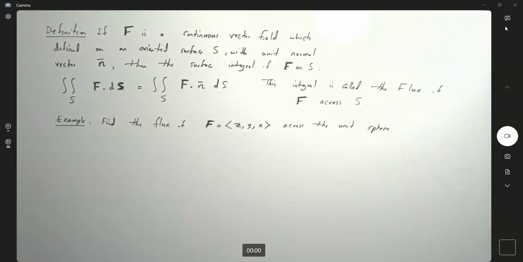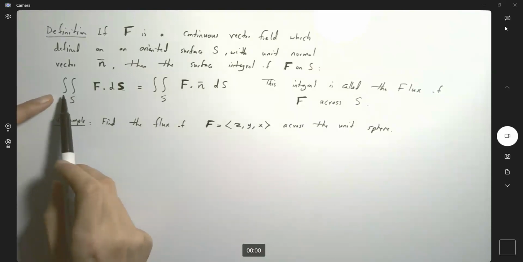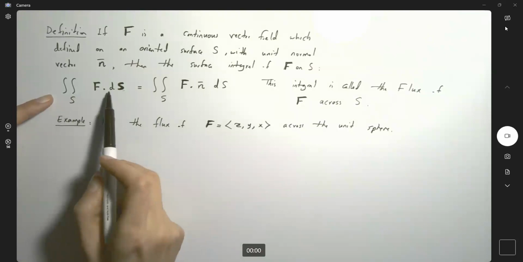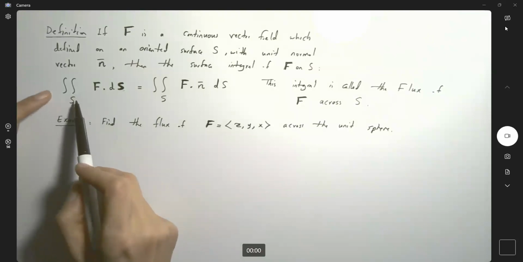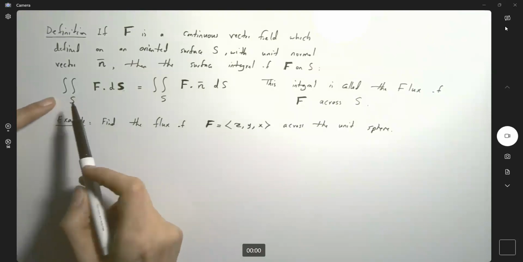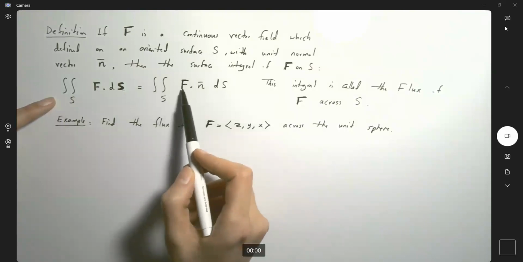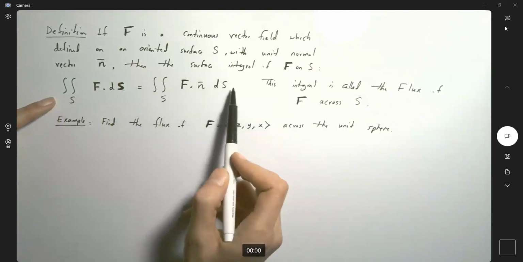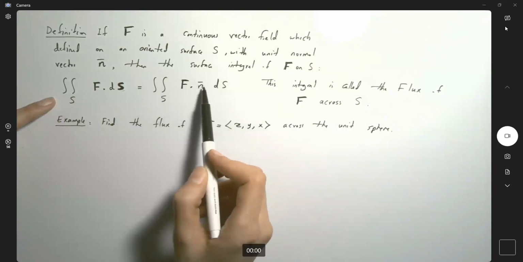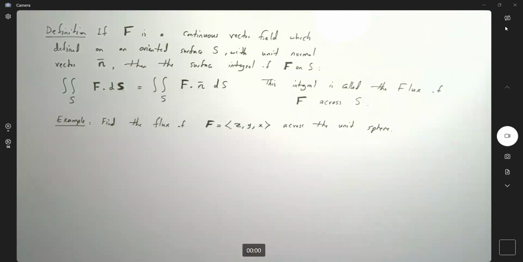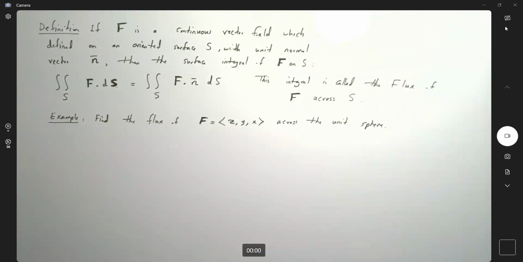So we have a nice formula to follow. We need to compute the double integral of F dot dS over the unit sphere, which can be calculated using the double integral of F dot N dS. First of all, we need to come up with ideas on how to calculate N.